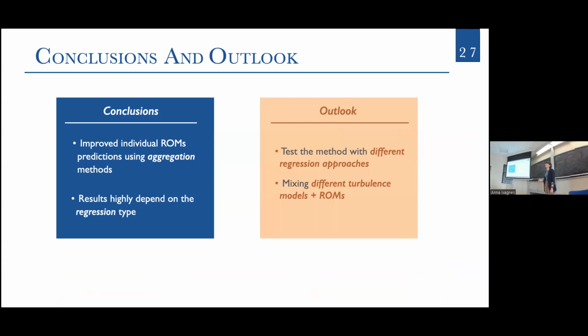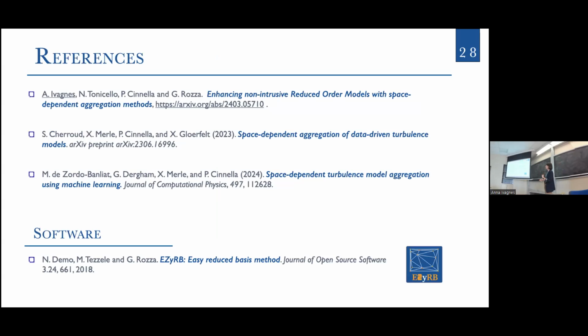For this reason, as an outlook, we would like to test more regression approaches. Another possible extension is to mix different turbulence models and reduced-order models, in the sense that we want to include more differentiation in our database with different turbulence models also.